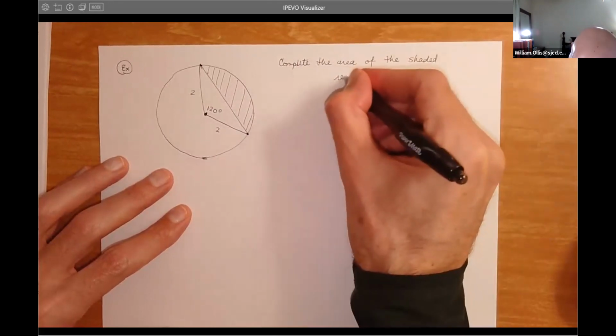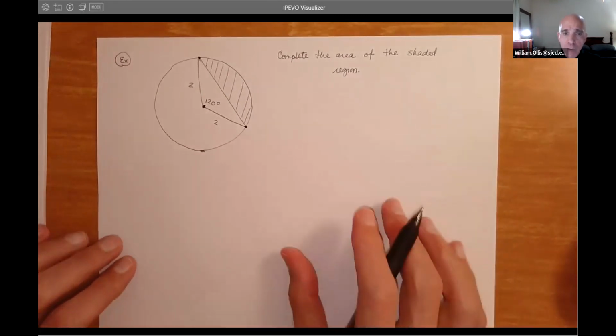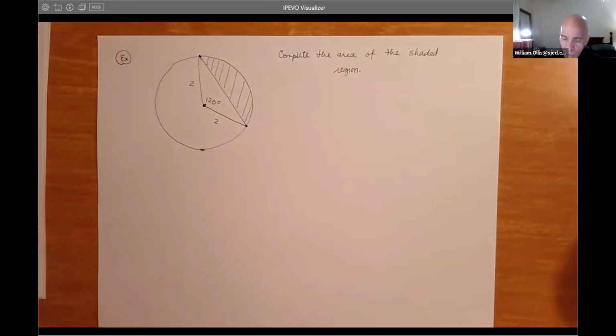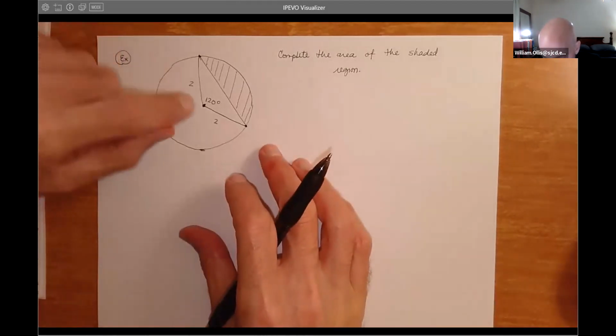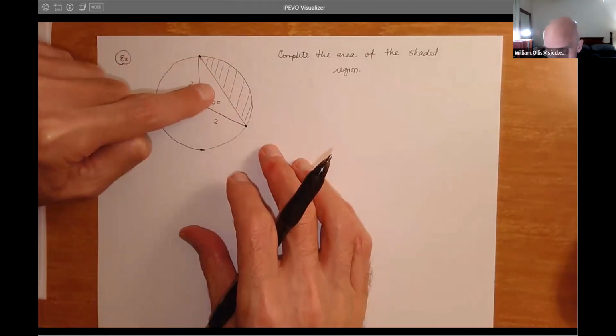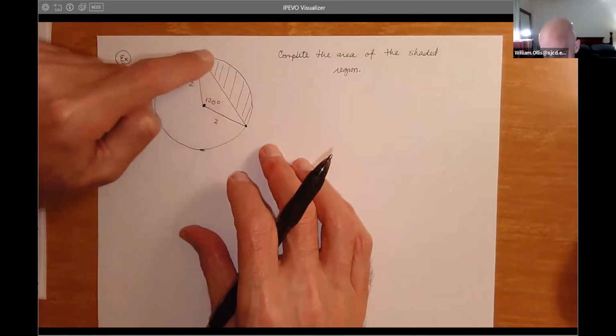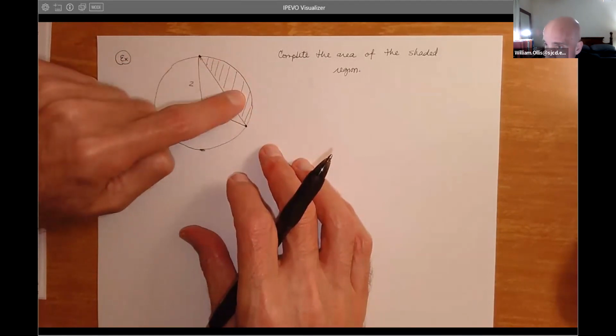So now when we think about this, we're like, okay, this is not a difficult problem, because if we look at all of this, that's just the sector area. And of course, if we subtract the triangle area from the sector area, we get the shaded region.